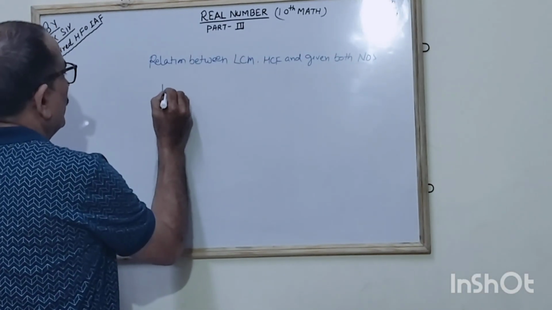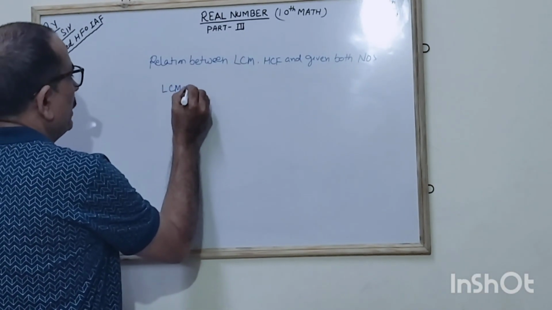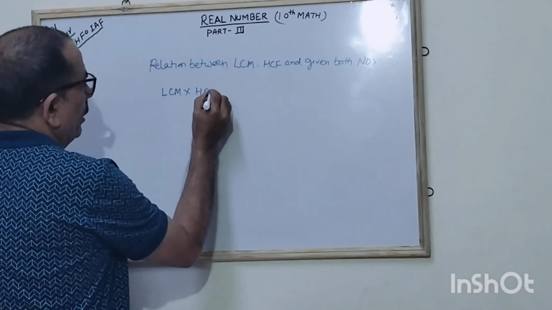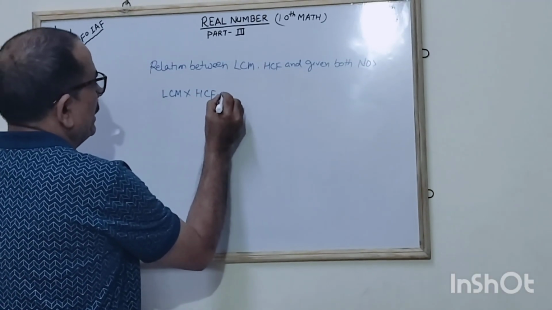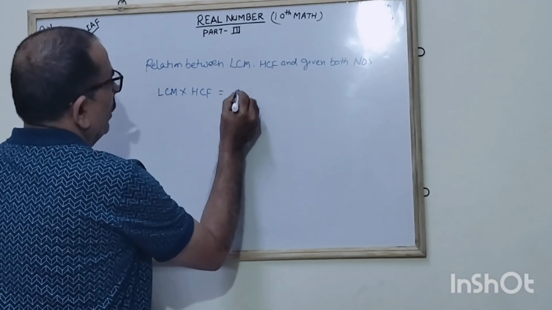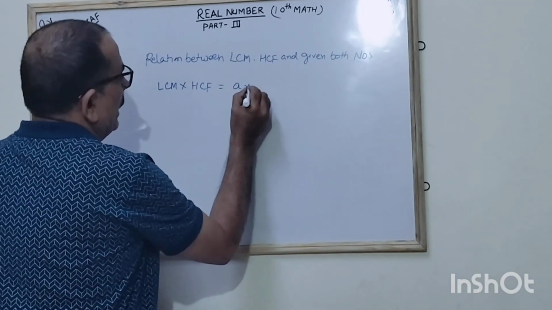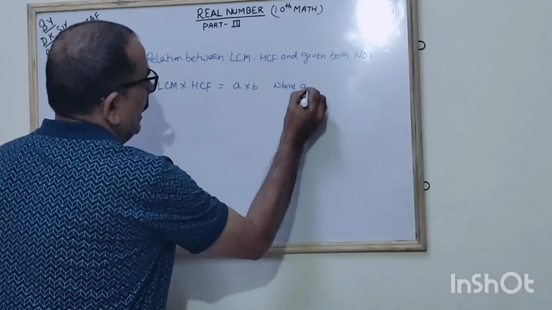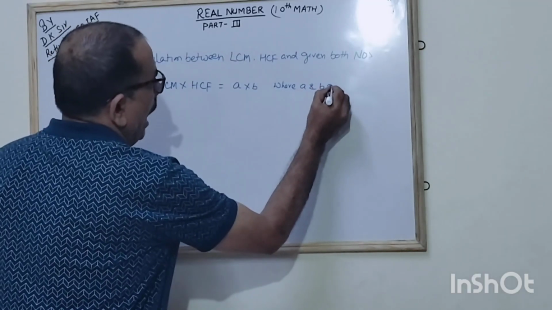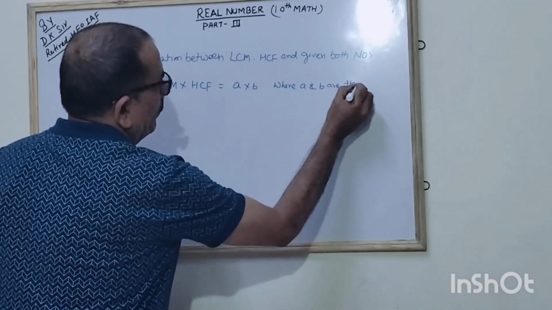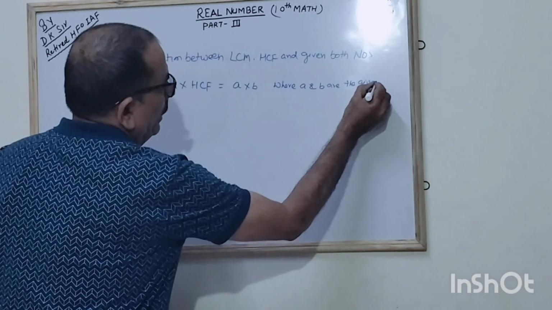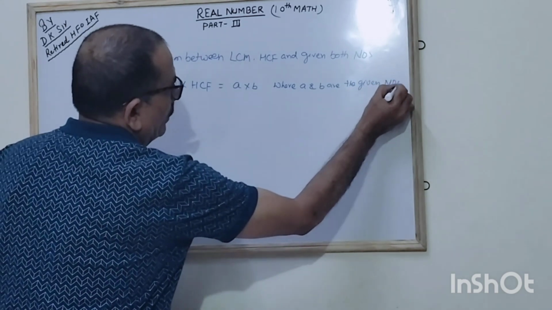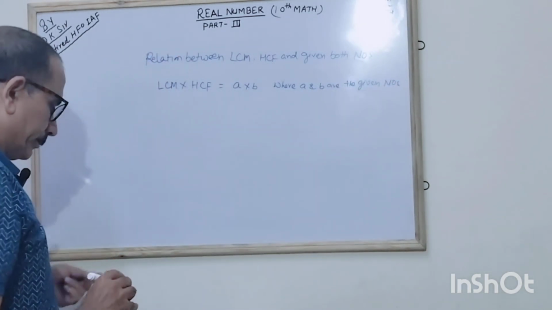You should remember: the product of the LCM and HCF will be equal to the product of A and B, where A and B are the given numbers.